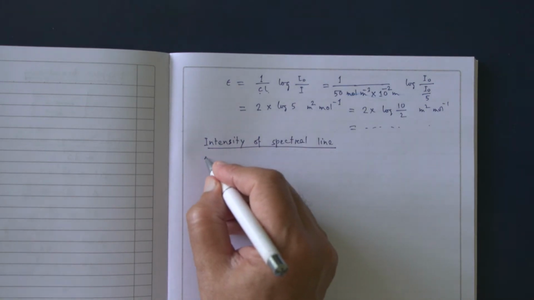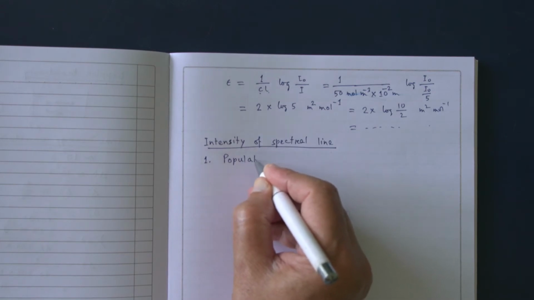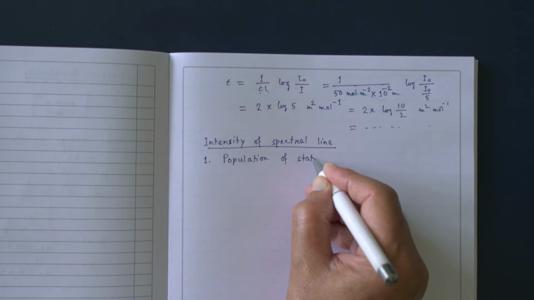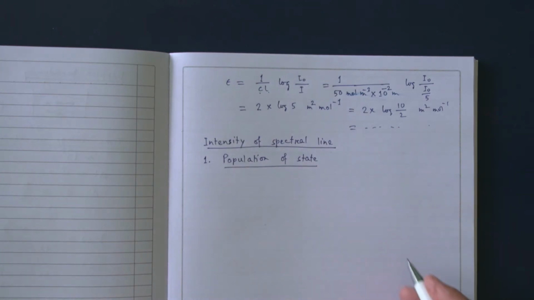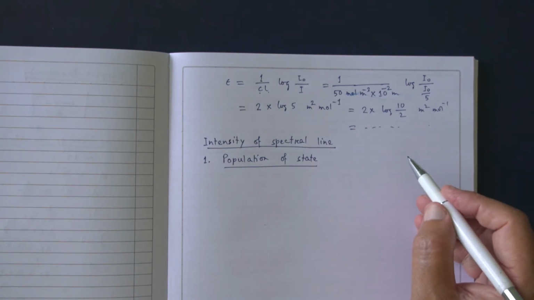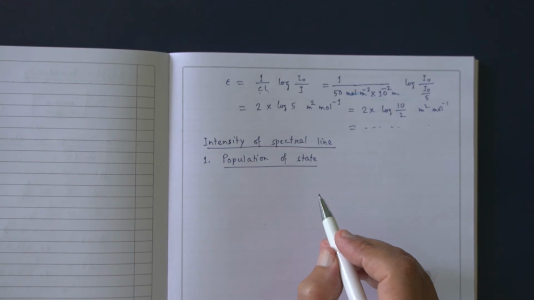Number one is called population of state. This means that, in spectroscopy, can we take a single molecule?